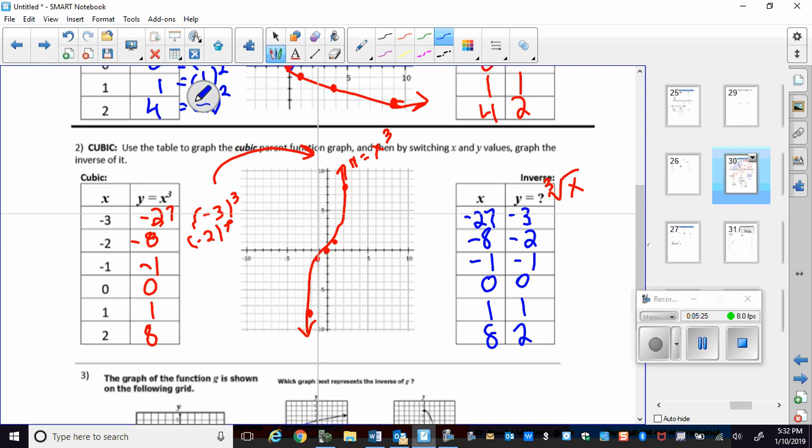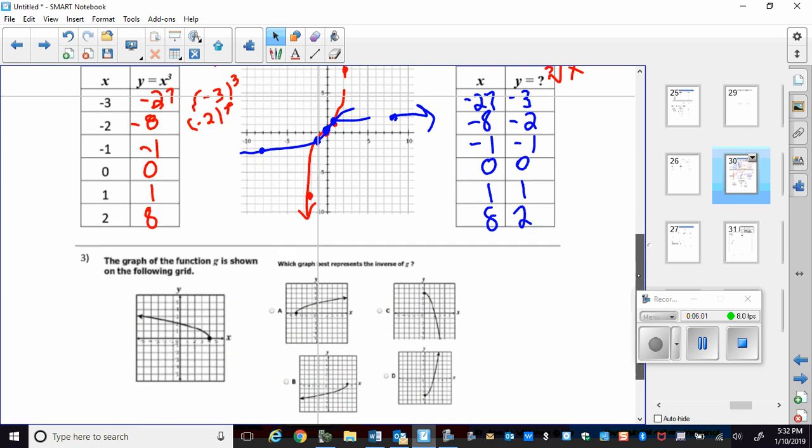Graphing these points, I can't do the first one, but I can do negative 8, down 2. I can do negative 1, down 1. I can do 0, 0, 1, 1, right 8, up 2. And then I just create my curve. Make sure you do that correctly. All right.